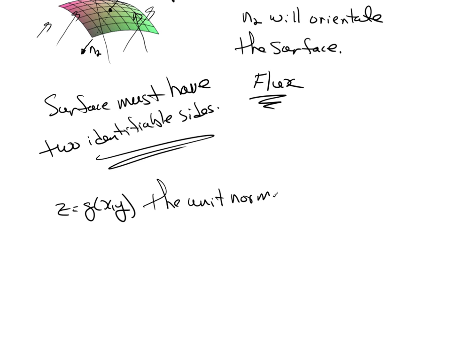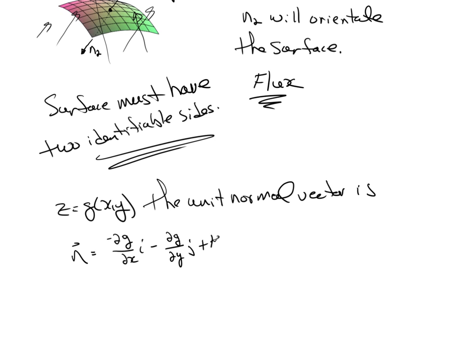The unit normal vector is n equals the negative partial of g with respect to x i minus the partial of g, which is z, with respect to y j plus k, over the magnitude of, well, the same thing here.